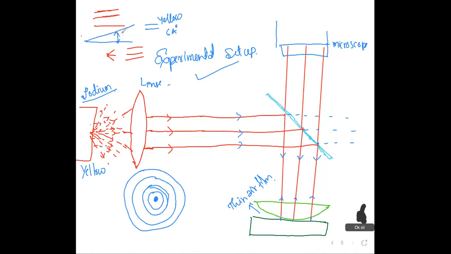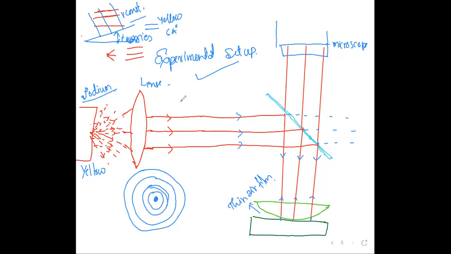The thickness T varies and R remains constant. T varies and R is constant here. So that's the case of Fizeau's fringes.